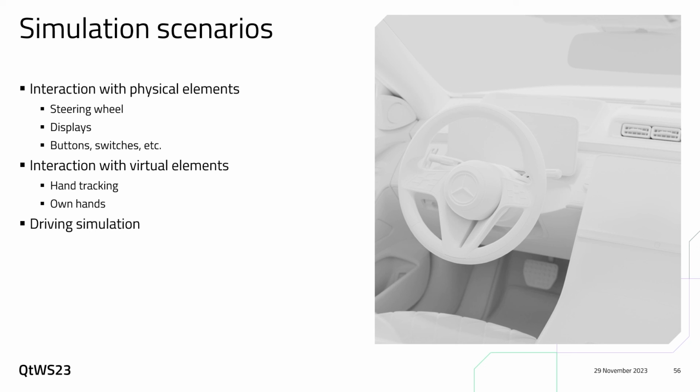The third simulation scenario we had in mind was to simulate driving. Of course, this is not implemented yet, but we consider it for the future. So, as you can see, the tools are quite powerful, and in fact, next scenarios are limited only by your imagination.